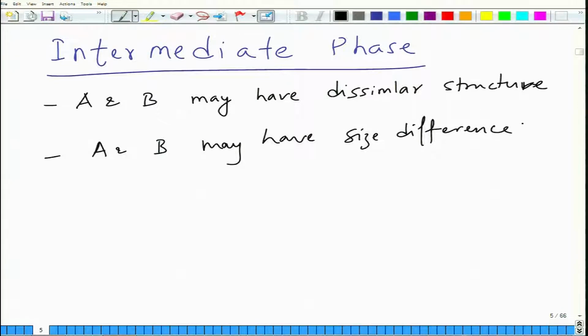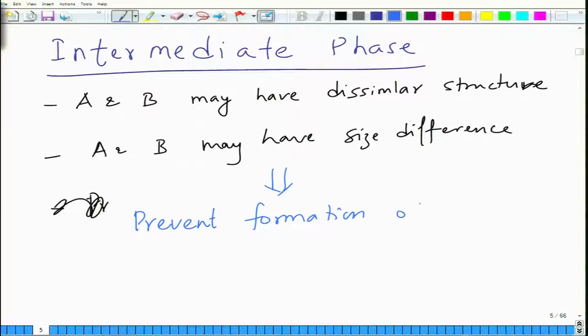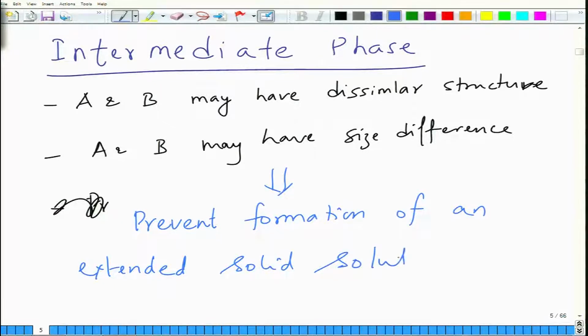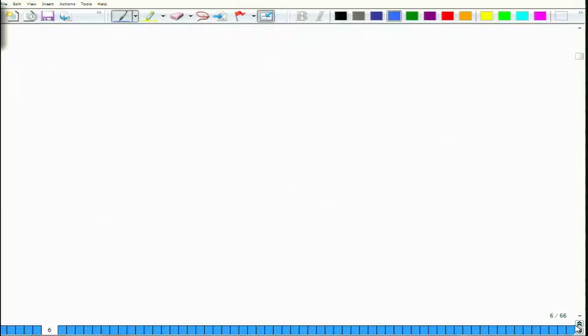So these differences will prevent formation of an extended solid solution across the composition range. As a result, they form phases in between.